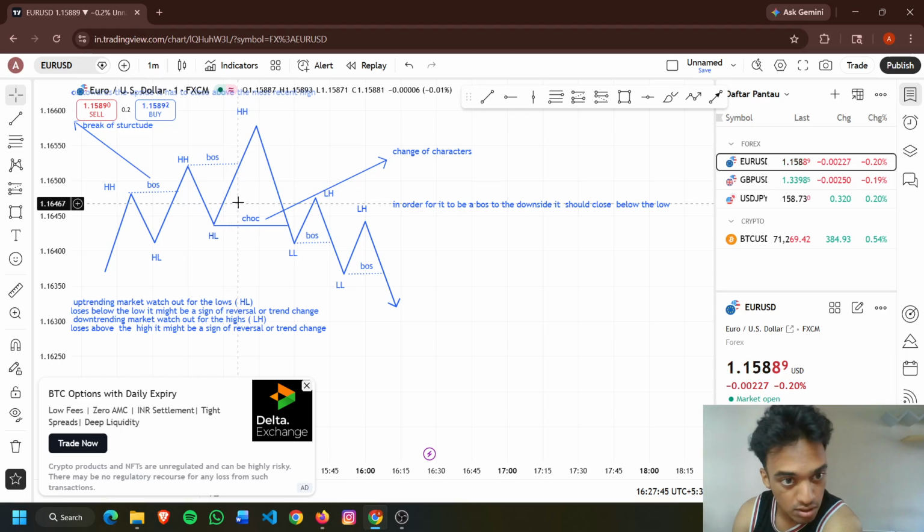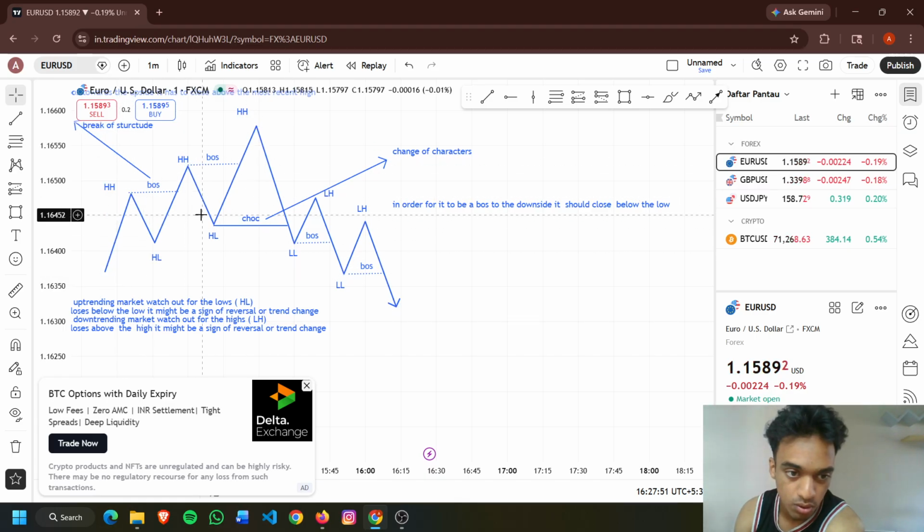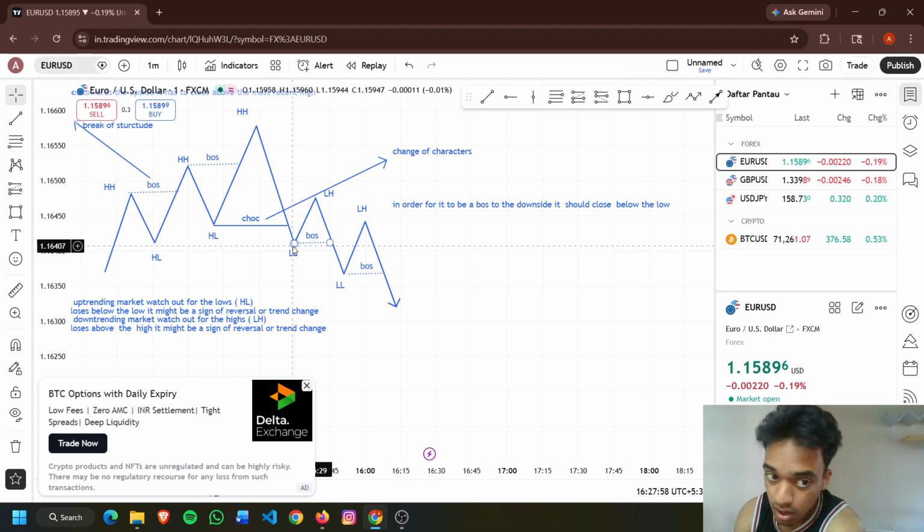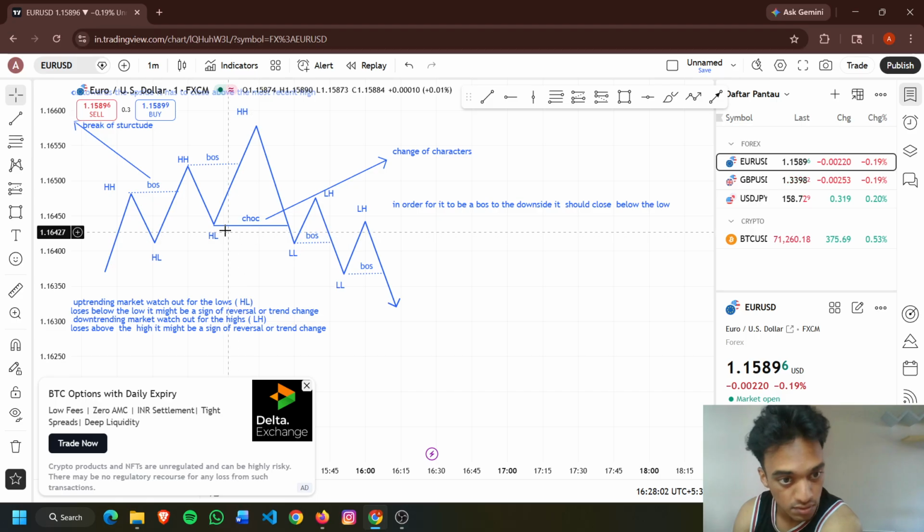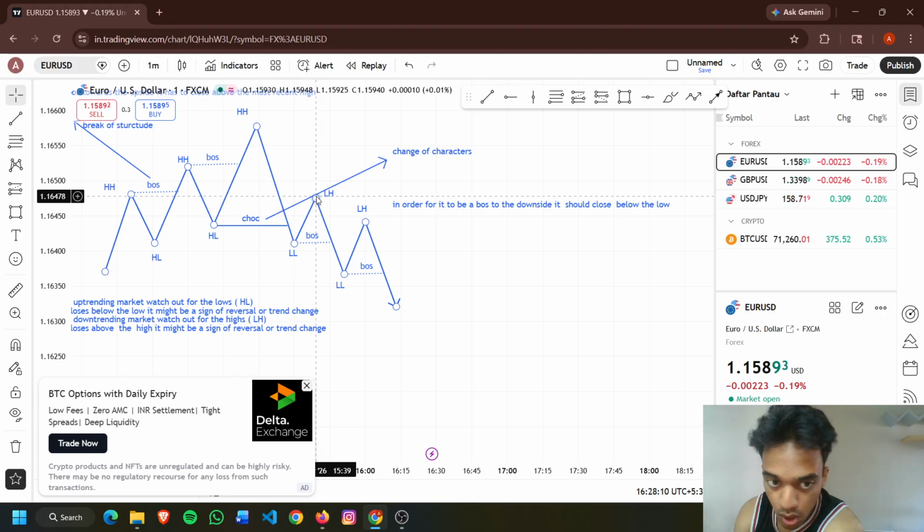When the market is going uptrend, from here till here it is forming higher highs and higher lows. Then it formed a higher high at the end, and then it just broke a higher low. This part becomes a change of character. This is also a type of break of structure. Just know that this is called a change of character, and then it started creating a lower high and then a lower low.